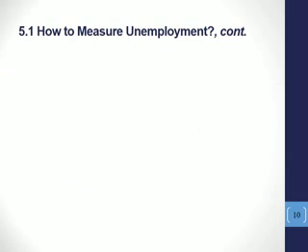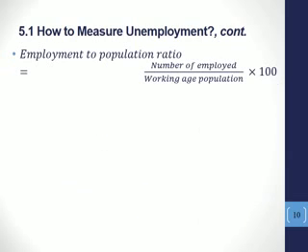Let's turn to our next indicator. Employment to population ratio equals what? Number of employed divided by working age population times 100. So it is equal to 75 divided by 100 times 100, which is equal to 75%. So we can conclude that 75% of the working age population are employed.